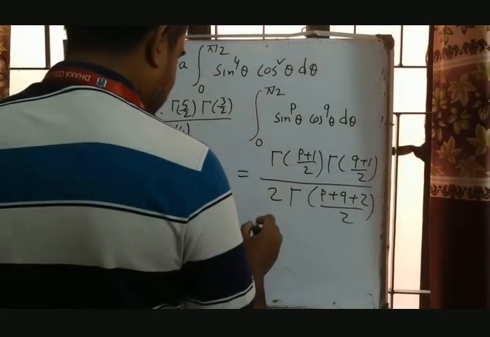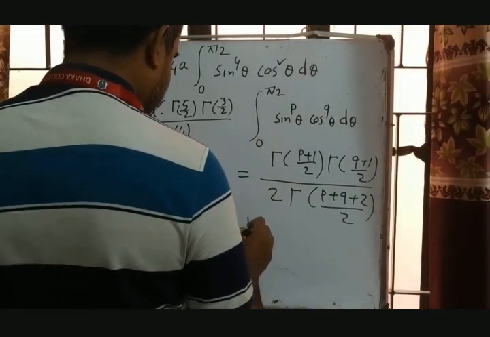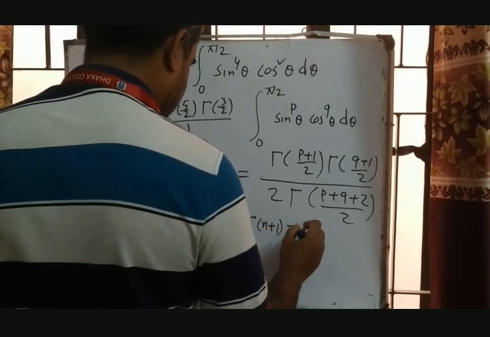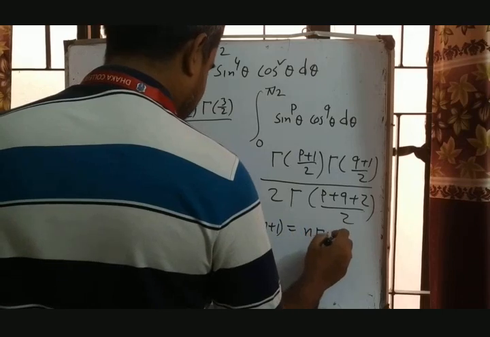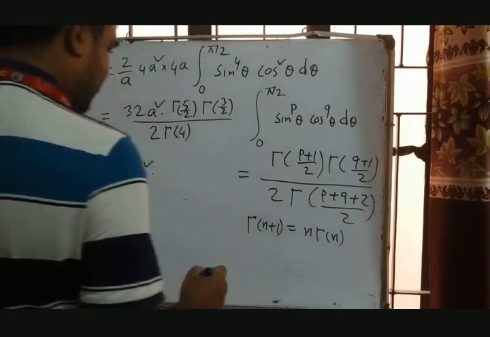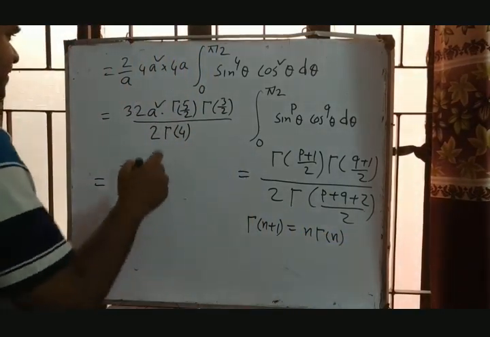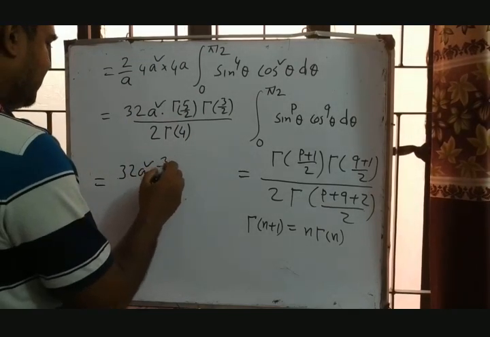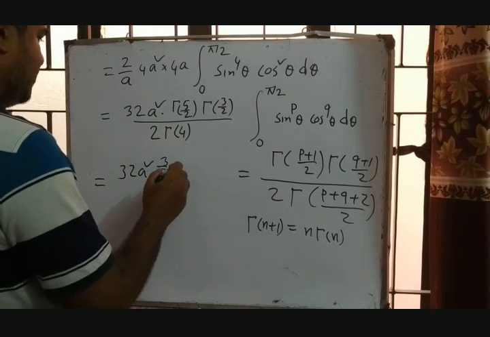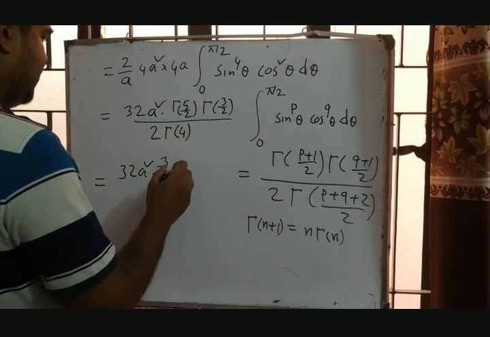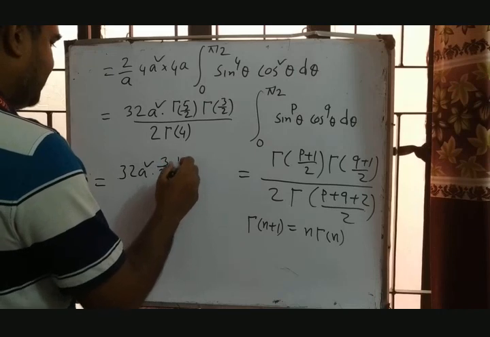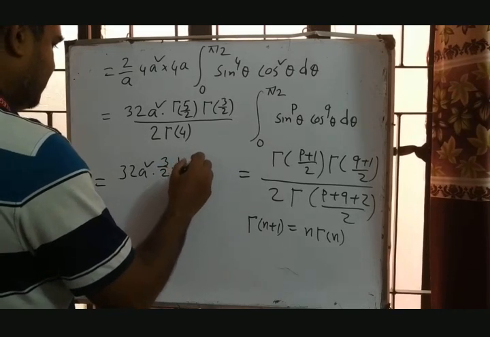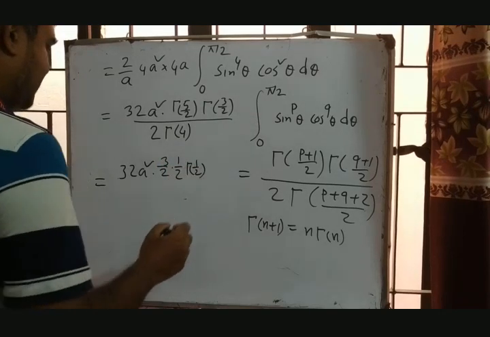Now again we know that gamma n plus 1 is equal to n gamma n. So gamma 5 by 2 is equal to 3 by 2 plus 1, that means 3 by 2 gamma 3 by 2. Then 3 by 2 again is half gamma half.